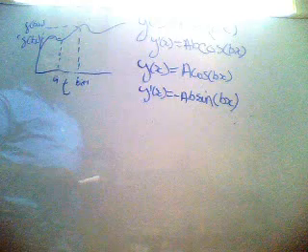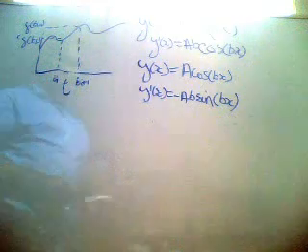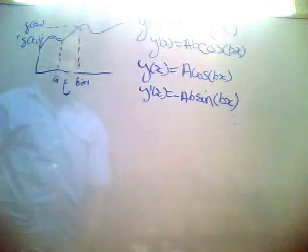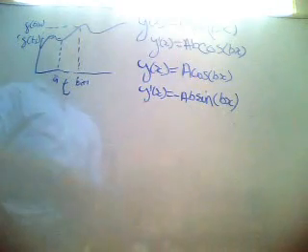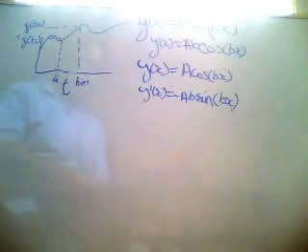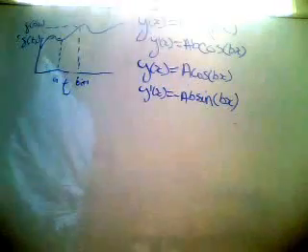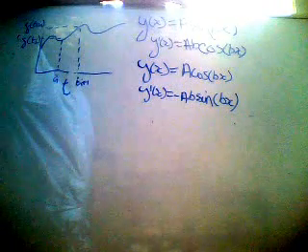You change it from cosine to sine, and you keep what's inside the bracket. And that's how you differentiate trigonometric functions. To find the value of the derivative at a particular point, you take the derivative and you just plug in the value of x that you're interested in at that point.